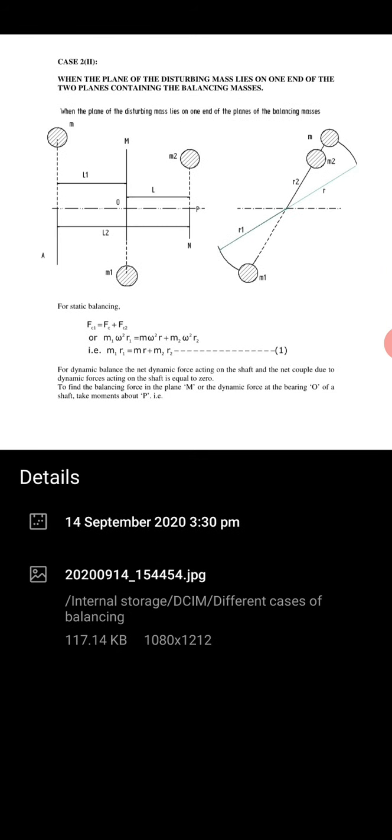That's why Fc1 equals Fc plus Fc2, that is, M1 omega square R1 equals M omega square R plus M2 omega square R2. Neglecting omega, we have M1 R1 equals MR plus M2 R2. Equation number 1. So this was the static balance.